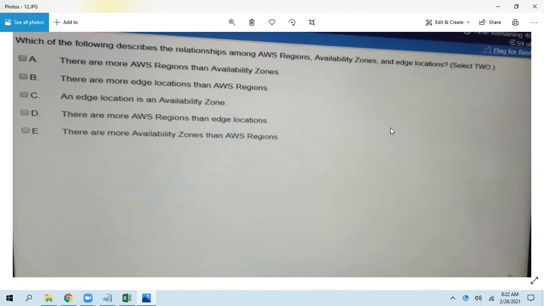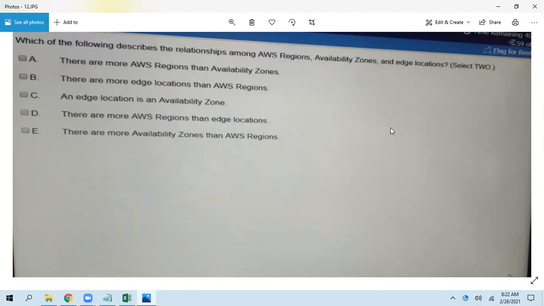No, an edge location is an edge location. An availability zone is an availability zone, and an edge location is not an availability zone. B and E: there are more edge locations than AWS regions, and there are more availability zones than AWS regions.